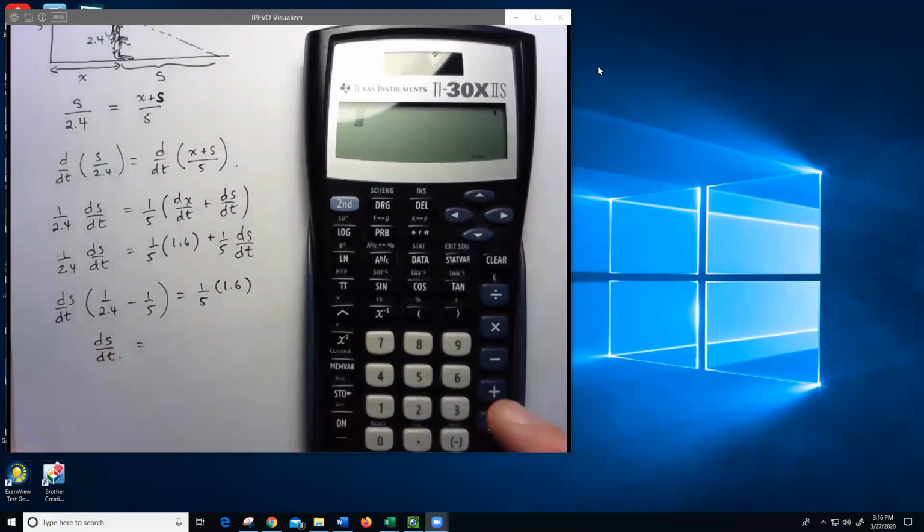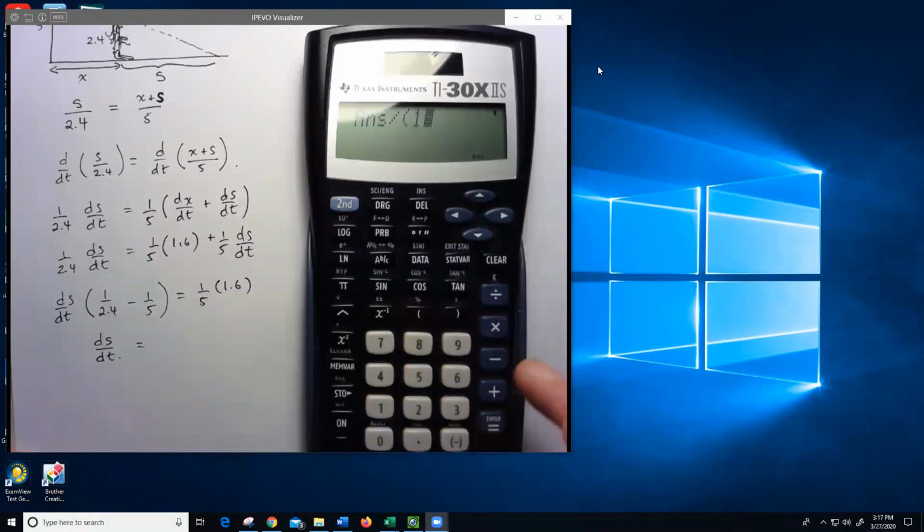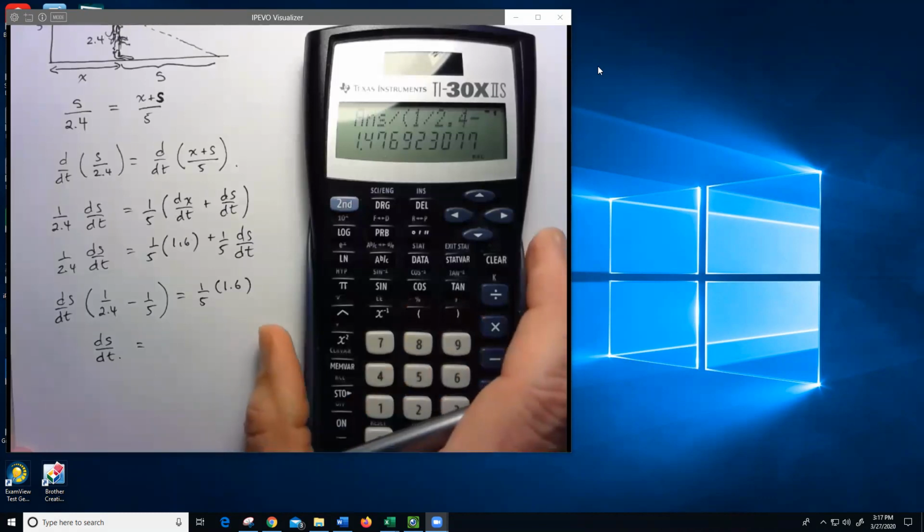Okay, so let's calculate that. We have 1.6 divided by 5, which is 0.32, and then I'm going to divide that by, make sure you open up a bracket, 1 divided by 2.4 minus 1 divided by 5, and we get about 1.5.